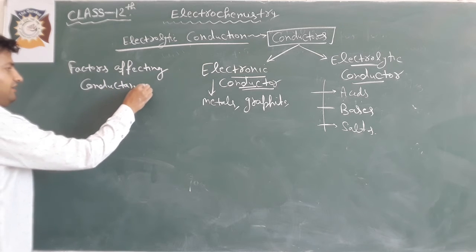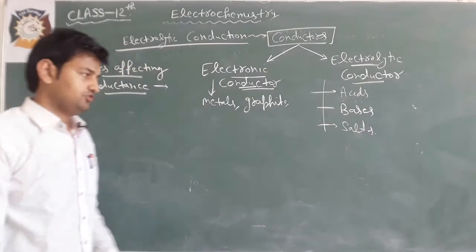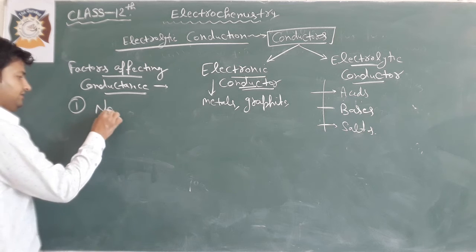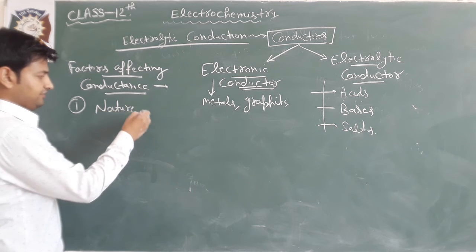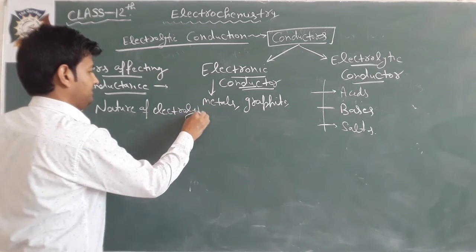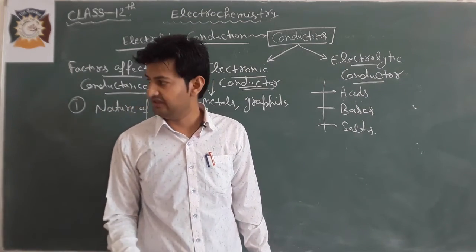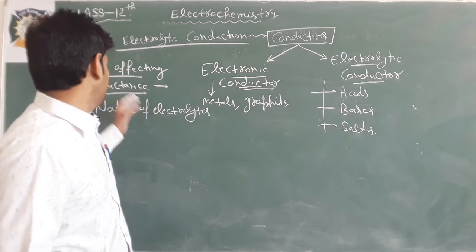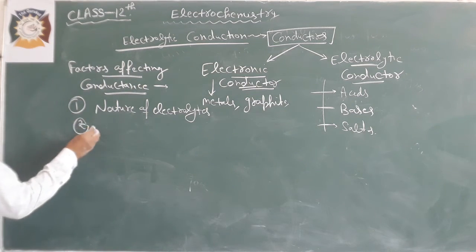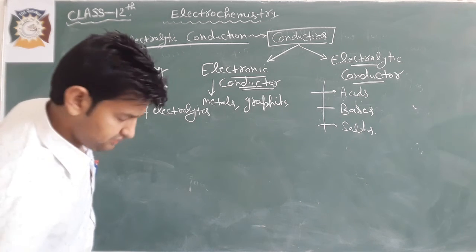Our next topic is what factors affect the conductance of a solution. Our first factor is the nature of the electrolyte. Nature of electrolyte means whether it is a strong electrolyte, weak electrolyte, and so on; it will tell us about the conductance. Second factor is concentration of solution.